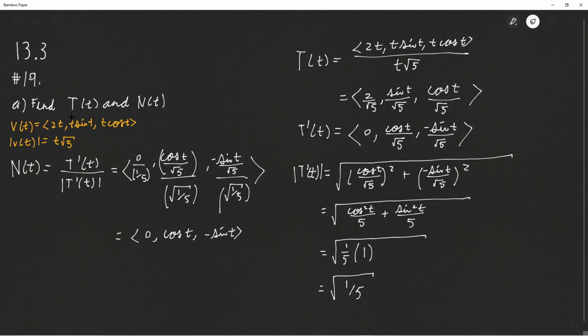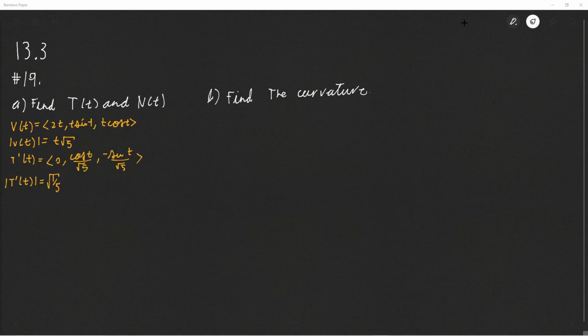Which gives us our final answer for part A. So now for question 19, we have part B, which is asking to find the curvature.